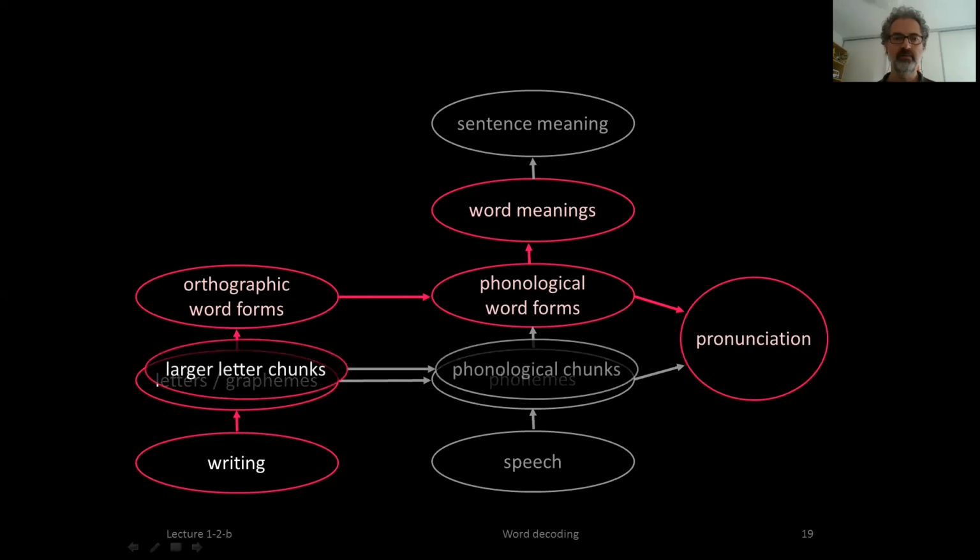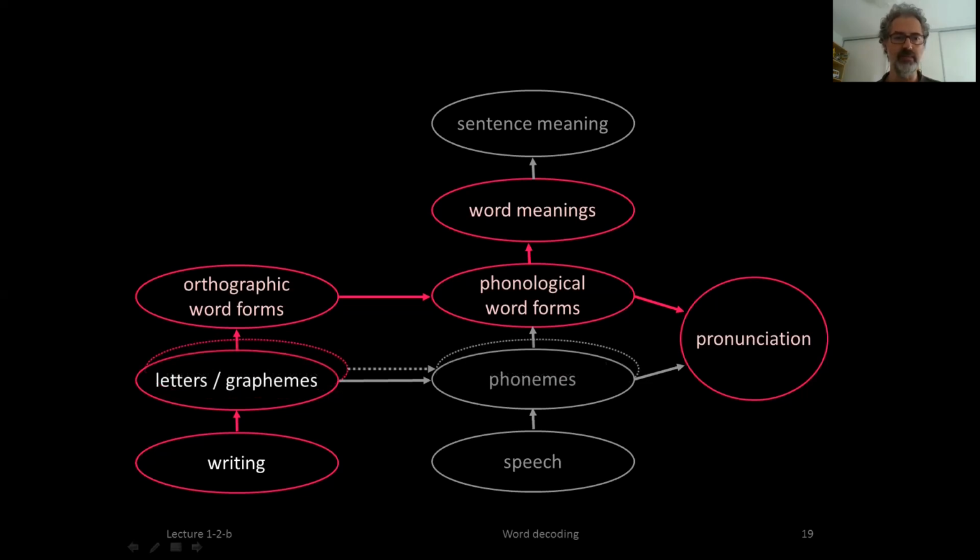Also, you learn larger letter chunks and their pronunciation by being an experienced reader, by having encountered these frequently. So this is also a kind of intermediate assembled phonology. It's not exactly addressed because it's not whole words, but it's also not just graphemes, so it's somewhere in a limbo between there.